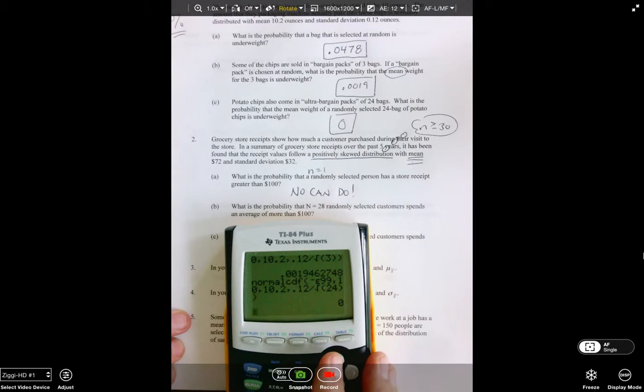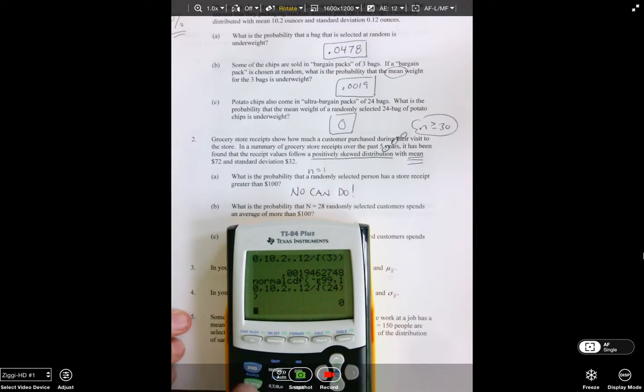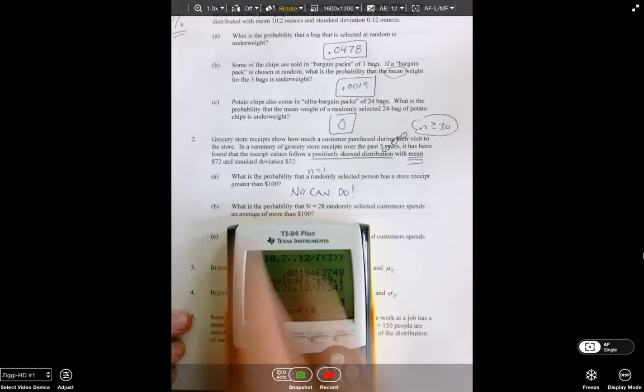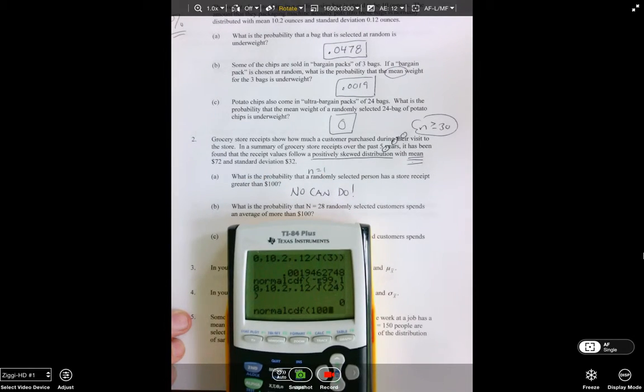And they'll be like, oh, yes, I can. I can go to normal CDF greater than 100, I can go up to E99, I can put in the mean of 72, and I can put in the standard deviation of 32. See, I told you I can work that problem.